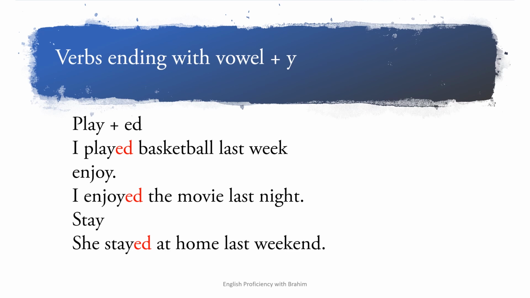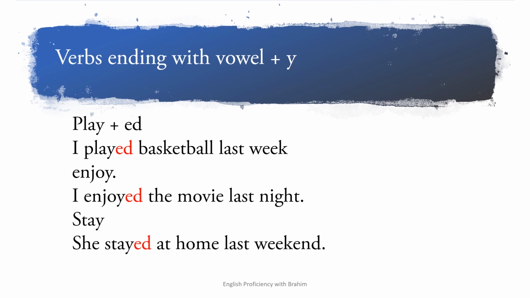I played basketball last week. Enjoy. We have O, this is a vowel, plus Y. So I enjoyed the movie last night. Stay. She stayed at home last weekend. So all these verbs, they end in a vowel plus y, we just add ed.